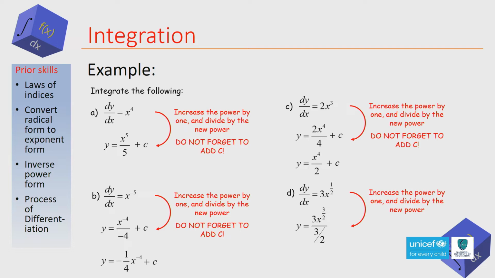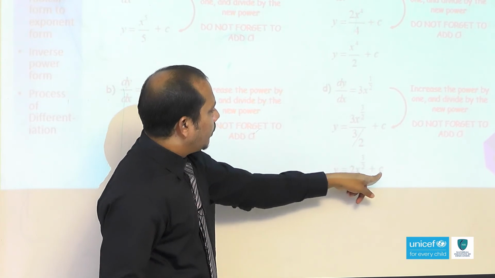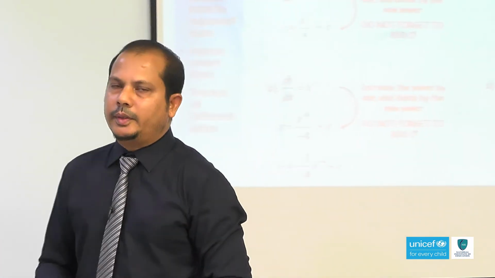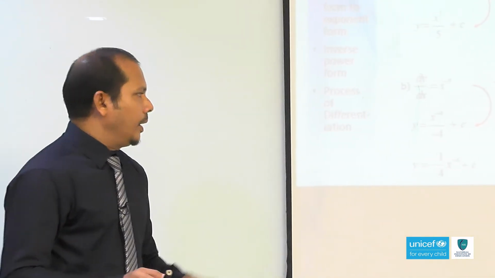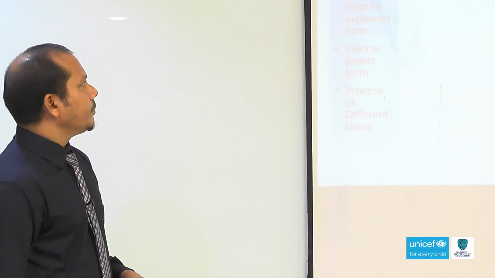If you clean this fraction up, you will get 2. Why? Because the reciprocal of 3 halves will be 2 by 3, which 2 goes and multiplies this 3 here, getting 6. 6 divided by 3 will be 2. And then x to the power 3 by 2, again we are writing that plus c there. It is very important to write that plus c there.